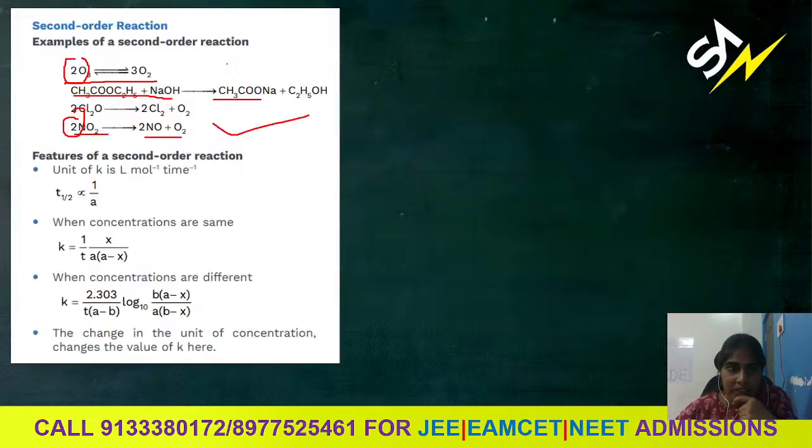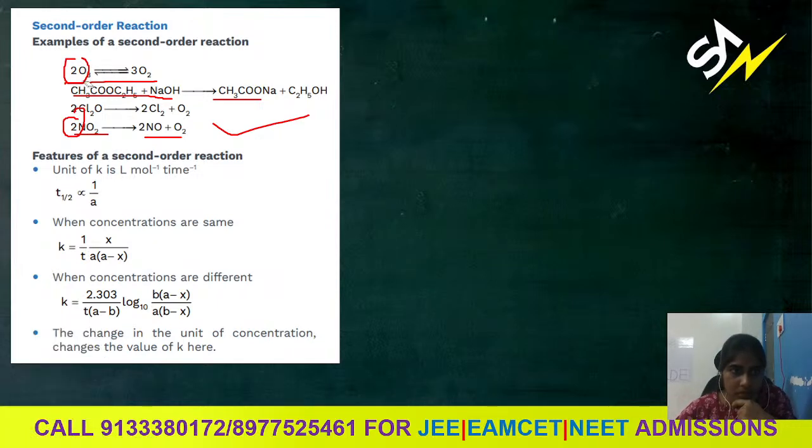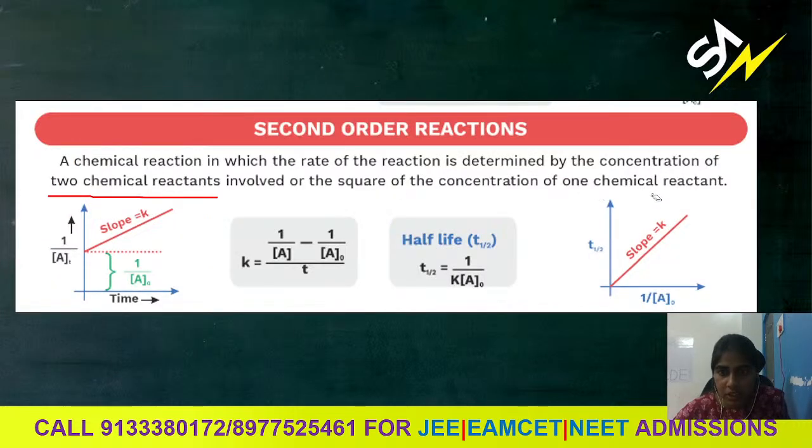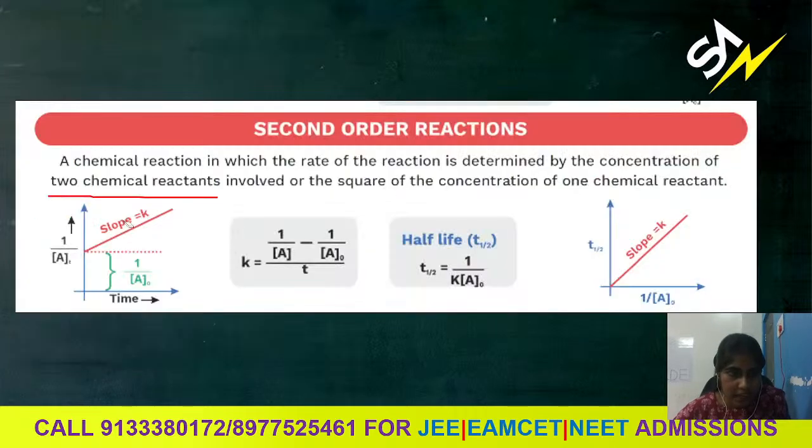It means if we take 2 moles of O3 here, it means 1 mole of O3 and another mole of O3. That is the square of the concentration of one chemical reactant. It gives a second order reaction.